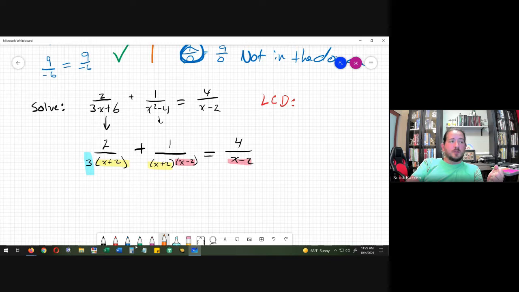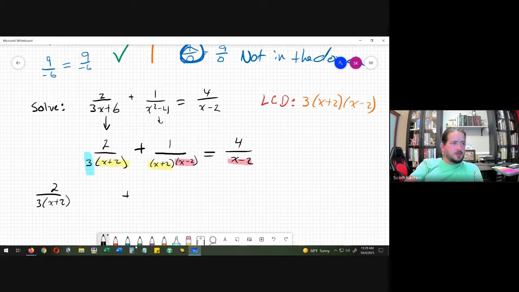So my lowest common denominator needs a 3. It needs an x plus 2. And it needs an x minus 2. Right? So that's what I'm going to do with all of these: multiply by that. So I'm going to write this in this way, x plus 2.